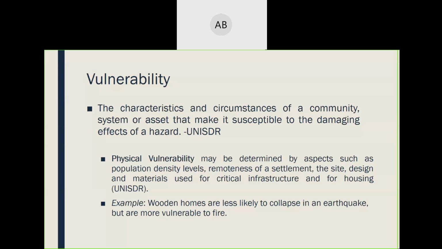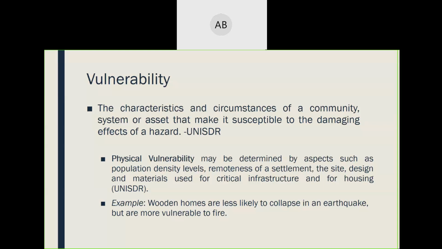This is a very live example of vulnerability. Population density levels will also determine if you are really vulnerable to a certain threat, or less vulnerable to the similar threat. These various aspects, all combined, are put into the basket known as physical vulnerability.